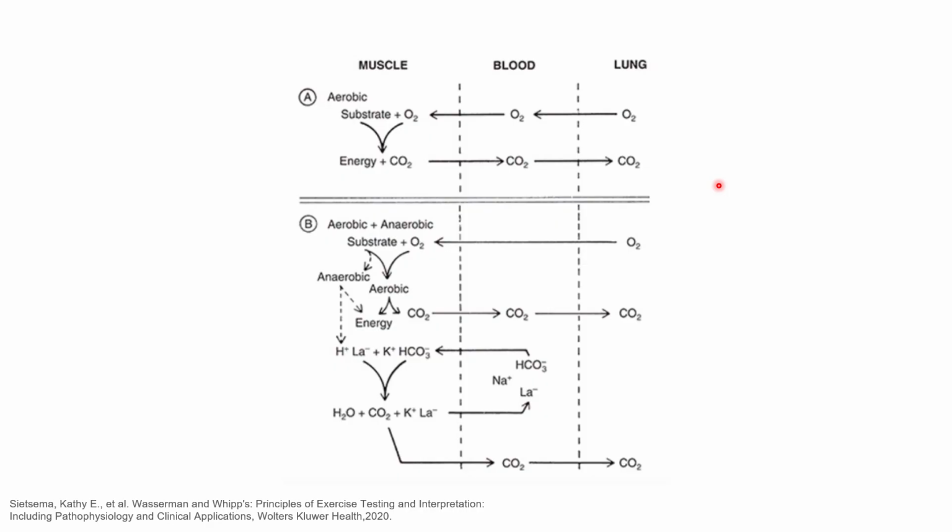But during the addition of anaerobic metabolism, we have that carbon dioxide produced from aerobic metabolism in addition to additional carbon dioxide being produced as well as lactate. And that's why with sustained exercise and sustained anaerobic metabolism, we have this huge increase in carbon dioxide being produced, which then eventually consumes all of our blood's bicarbonate.